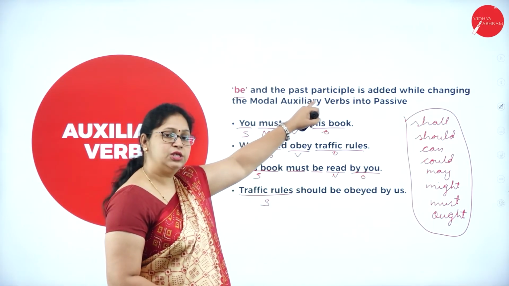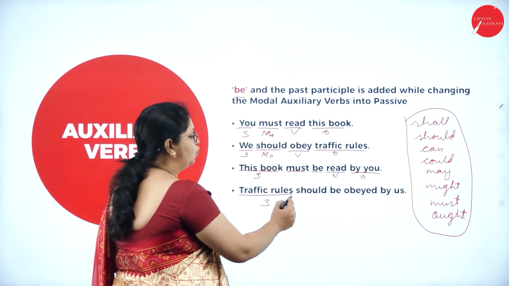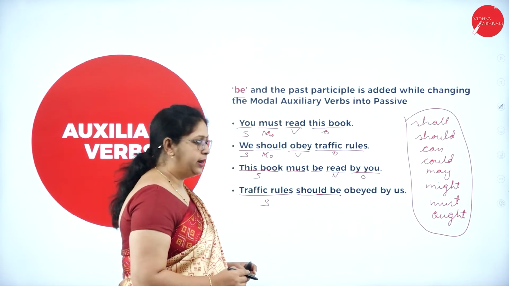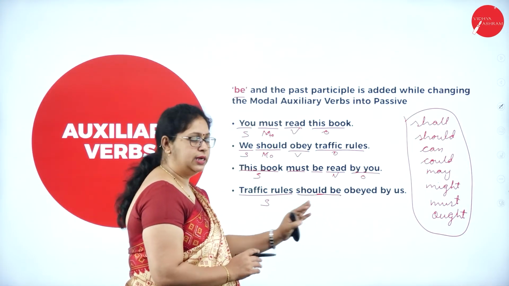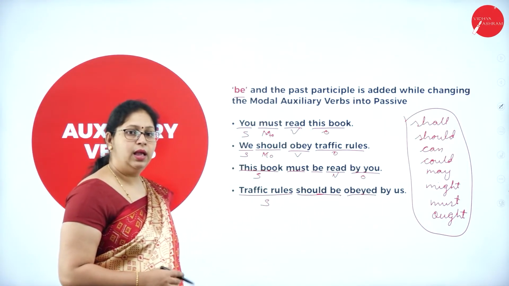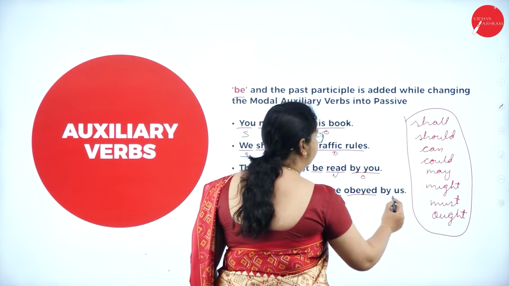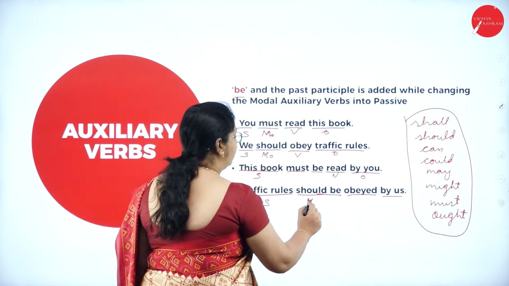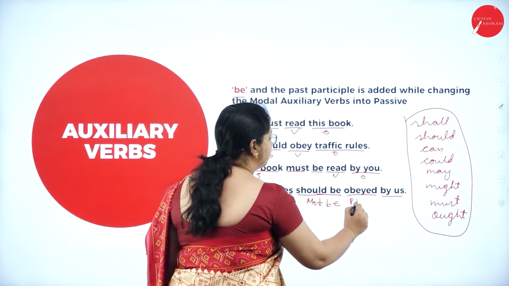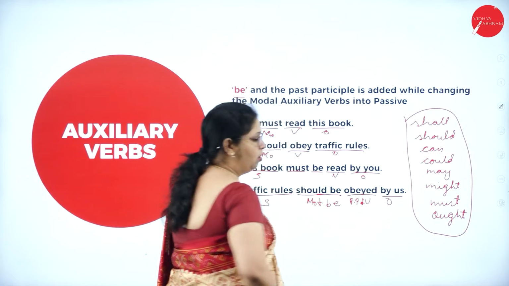And the verb has to be in the past participle. Is it done? Let us check. Traffic rules should be. Be has come with the modal, right? Now, till here, the sentence is correct. Obeyed. What is the past participle of obey? Obeyed. Correct? So, these two are correct. By whom? By us. So, this is the modal part with be and the past participle of the verb. Right? And this is the object.